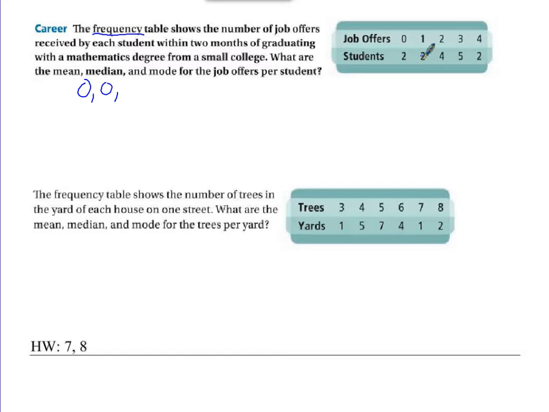I got 2 students with 1 job offer, so I have a 1 and a 1. Then I have 4 students with 2 job offers. So I have what? 2, 2, 2, 2. Good. Then I have 5 students with 3 job offers.